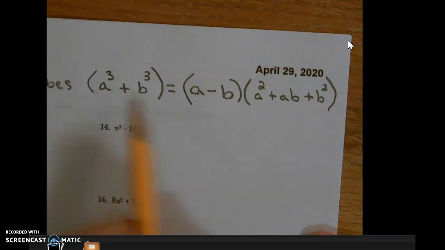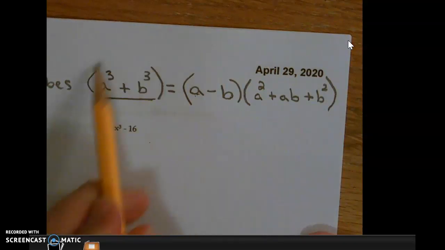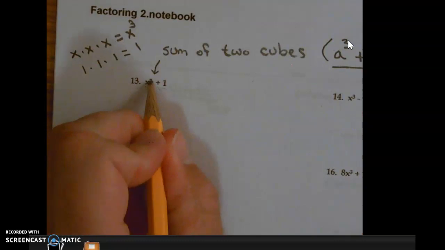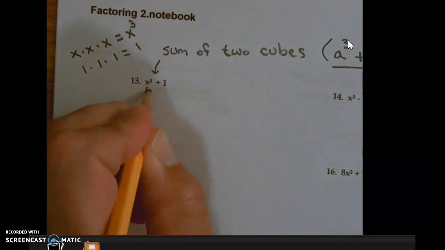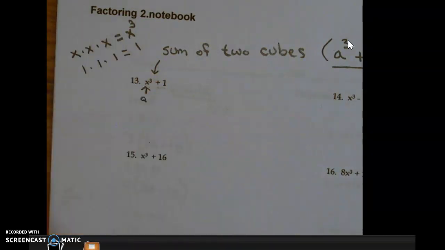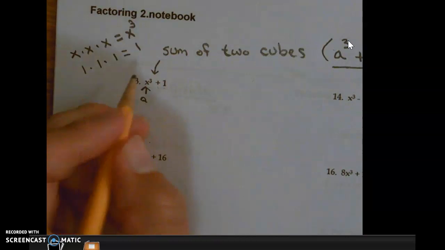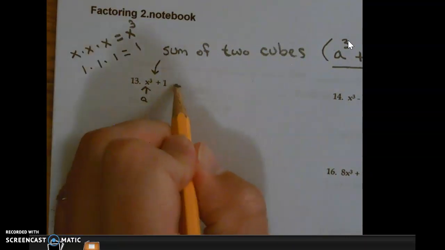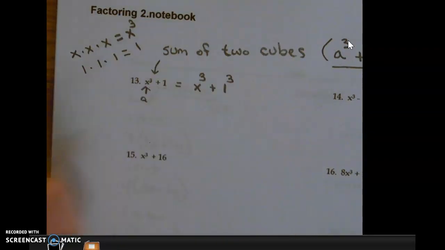The first thing we want to do is get the original equation in this format right here. So x cubed is already in that format. So x is going to represent a. Well, 1 isn't in that format, so we're going to change this to x cubed plus 1 cubed.